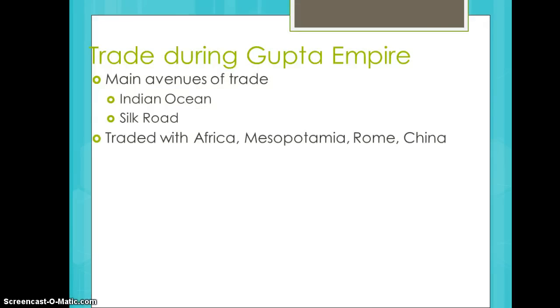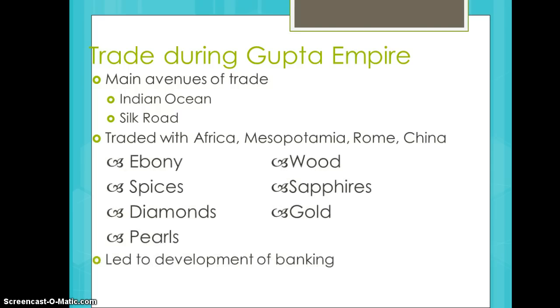Also during this time we have trade. They mainly followed 2 avenues or 2 routes along the Indian Ocean, so traveling along the coast of India, and the Silk Road. And remember, we talked about the Silk Road being a misnomer because there's lots of different paths that you can take to trade between China and all the way west towards Rome.